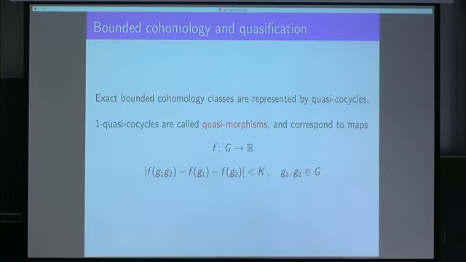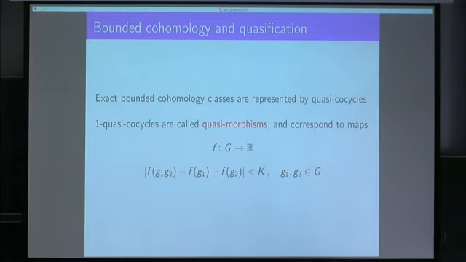And one quasi-cocycles are very well known as quasimorphisms, because if we switch from the homogeneous resolution of G to the non-homogeneous one, the bar resolution, then a quasimorphism is just something which is close to a one cocycle, which is just a real homomorphism. So it is a quasi-real homomorphism, which is usually called a quasimorphism.